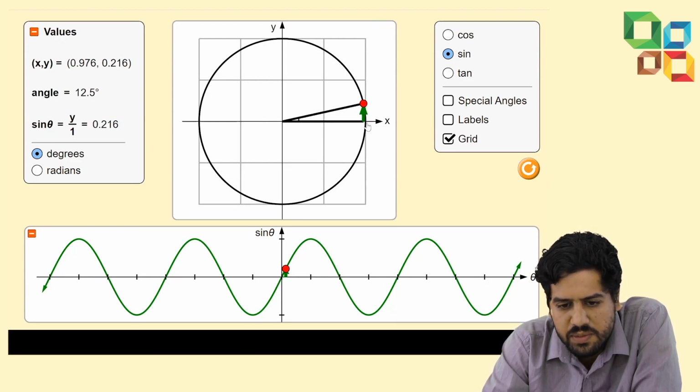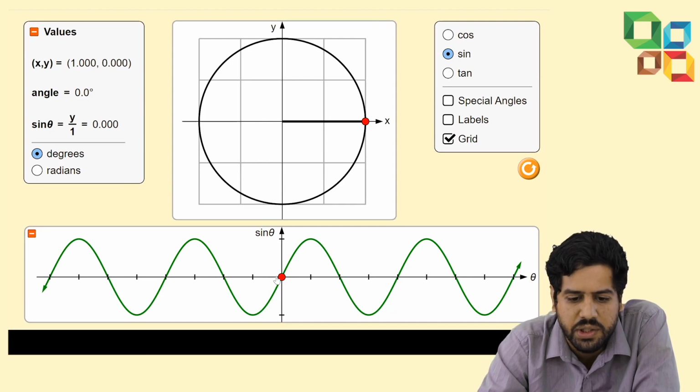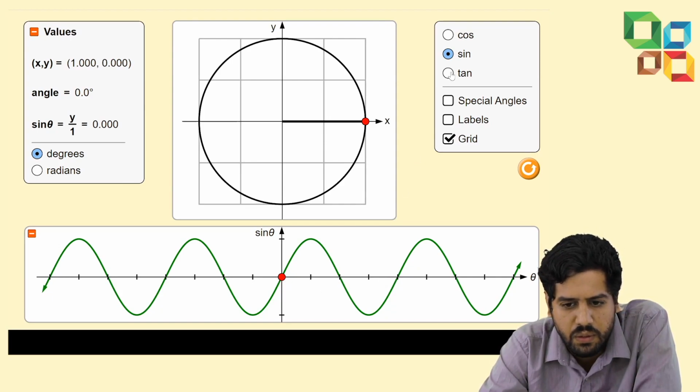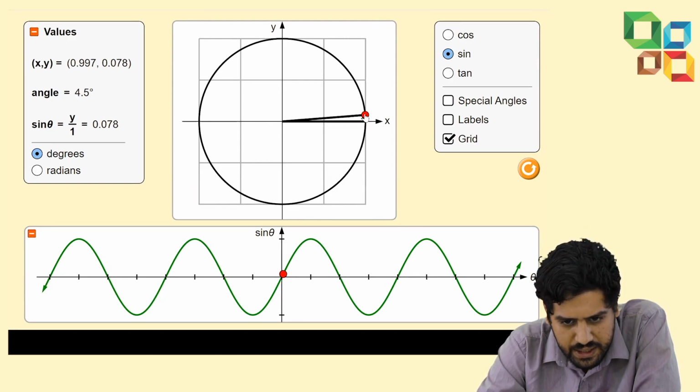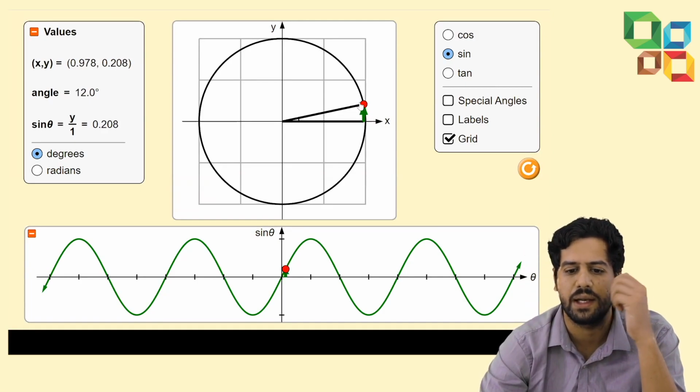So corresponding to each value on the x-axis, the x-axis is divided into radian measures. This is 0, this will be pi, this will be 2 pi. Now, I have to take some specific values.